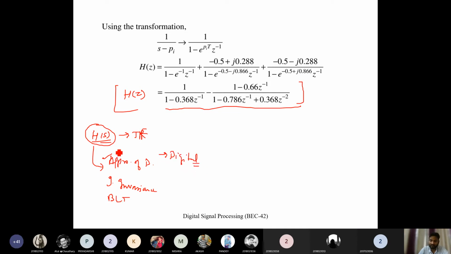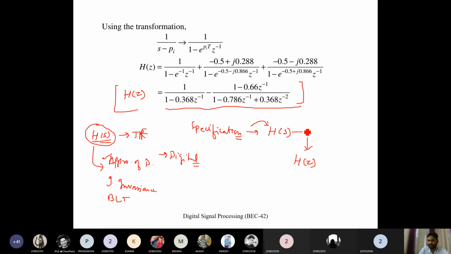But there may be cases where only the specification of a filter is given, and you need to first design an analog filter, and after designing this analog filter, we have to get the digital filter. So based on the specification, we will first convert it into an analog filter.